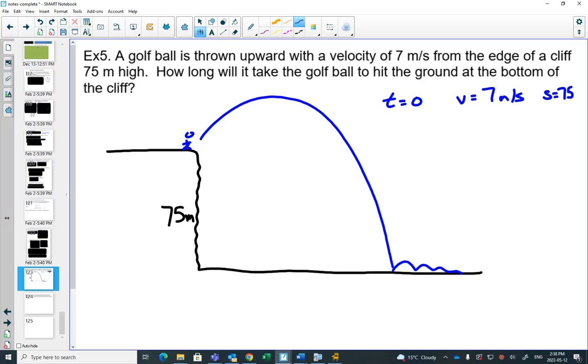What do we know? We know that there's gravity. And you know that the gravity is negative 9.8. If we integrate the gravity, we will get the velocity.